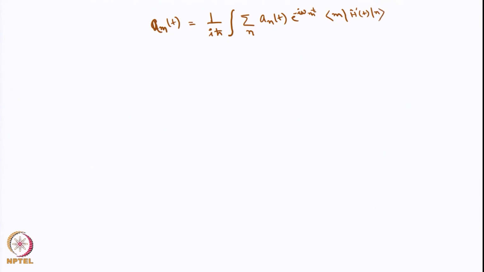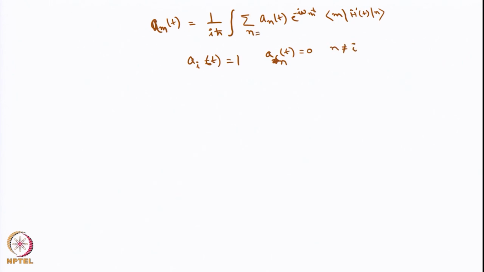Now what am I going to say? a_i of t is equal to 1 and a_f of t is equal to 0, as long as a_n of t is equal to 0 if n is not equal to i.